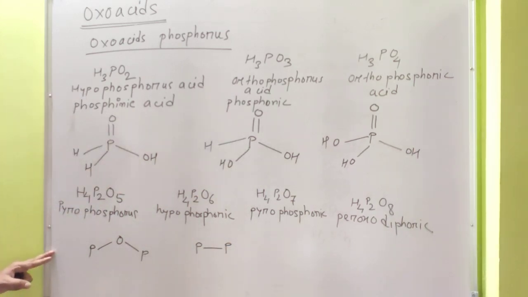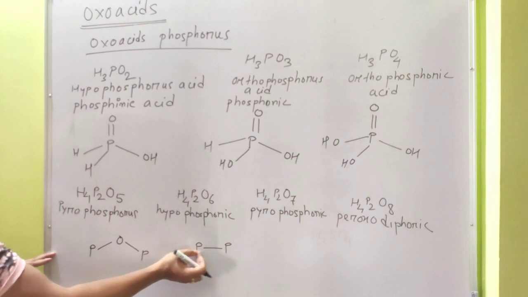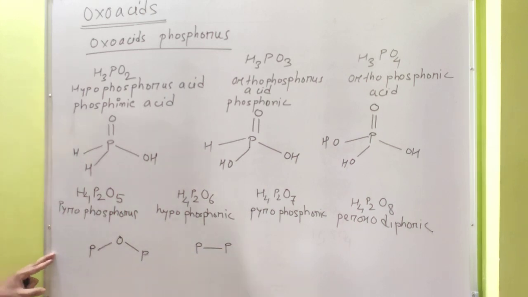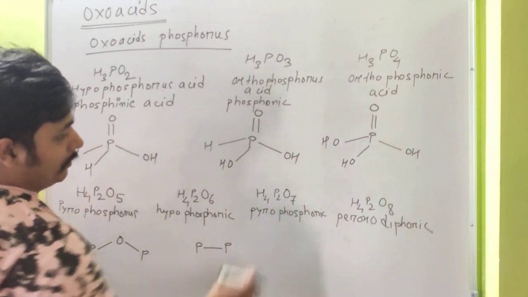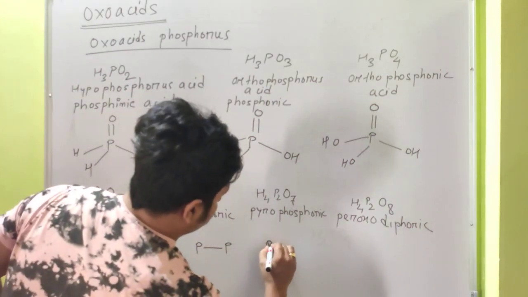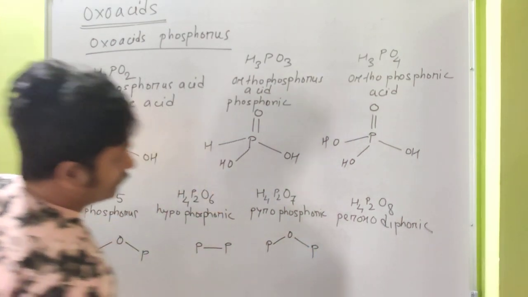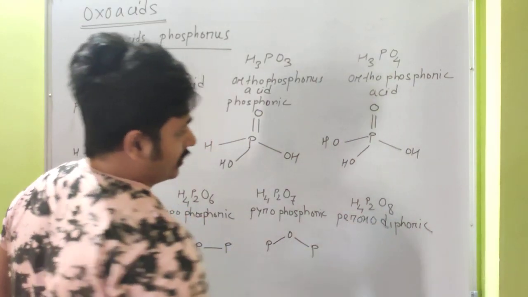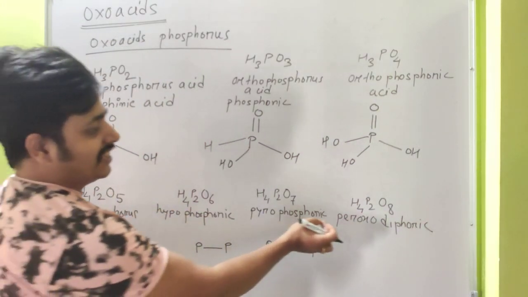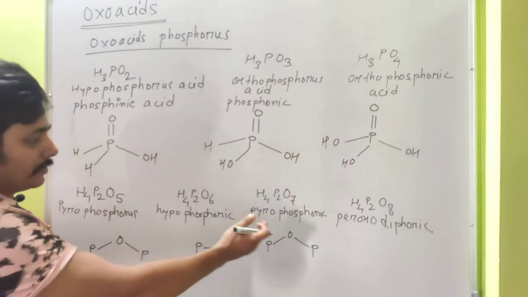In this case the number of oxygens is odd, therefore P-O-P. One oxygen comes in between the 2 phosphorus. In this case, odd number of oxygens, so P-O-P bond.